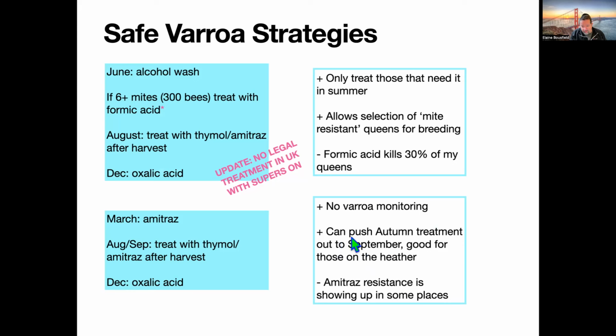Another advantage of that system is that you can push the autumn treatment back to September, which is good for people who are going to the heather, because they don't come back from the heather until September. And if you hadn't treated them in spring, they're going to be heavy with mites. Downside, amitraz resistance is showing up in some places. So how long can we do this for?